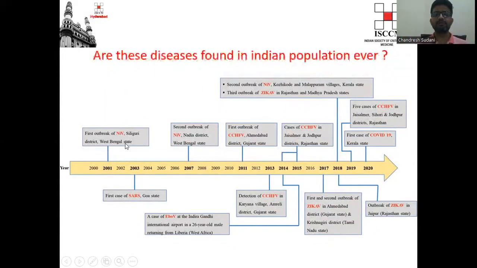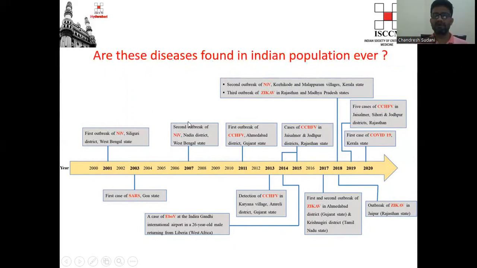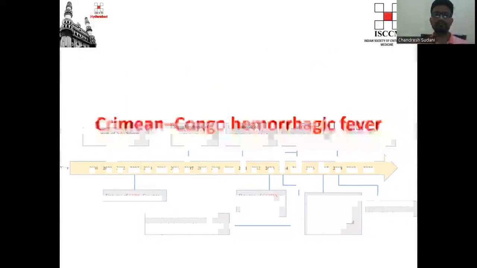After that, a second outbreak happened in 2007, again in West Bengal. Later on, a third outbreak of Nipah virus happened in Kerala in 2018. Like this, many diseases, including Ebola virus, Crimean Congo, Zika virus, and COVID-19, are prevalent as far as our Indian population is concerned.